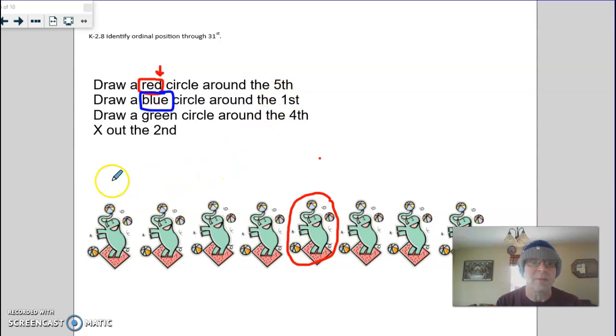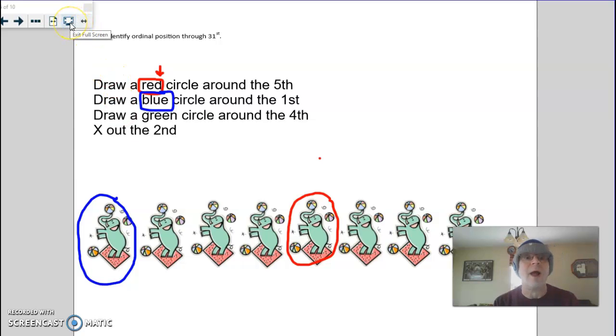And that's an easy one, isn't it? Because we can count them. We'll go first. Oh, there it is. First. But here's a blue circle. Now, you see how I didn't draw a red circle around that? That wasn't the proper instruction. The instruction said to draw a blue circle. So I had to make sure that I had my blue crayon when I did that, because that's what it asked me to do. All right.